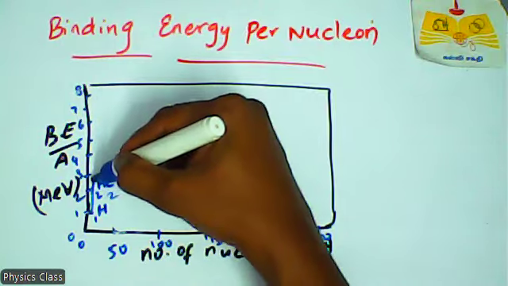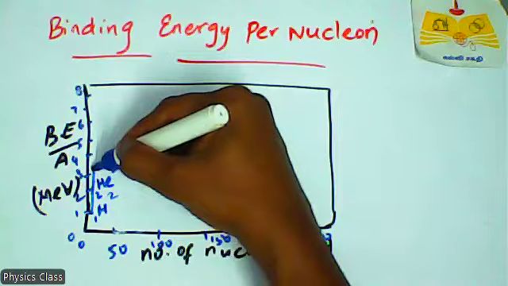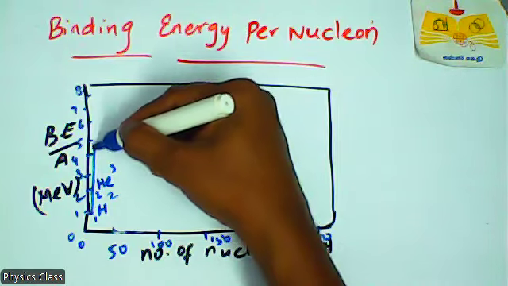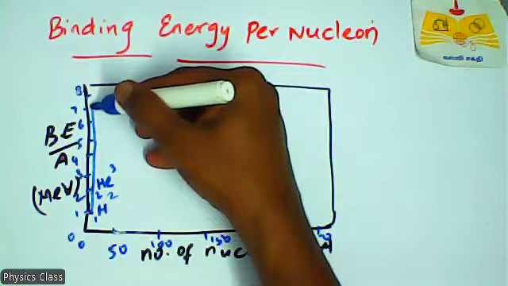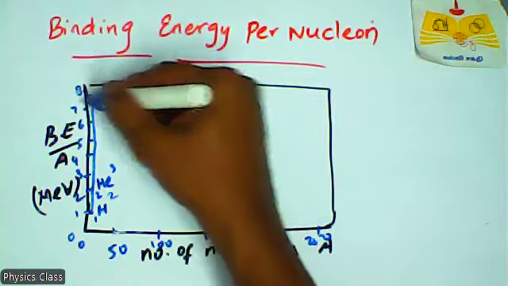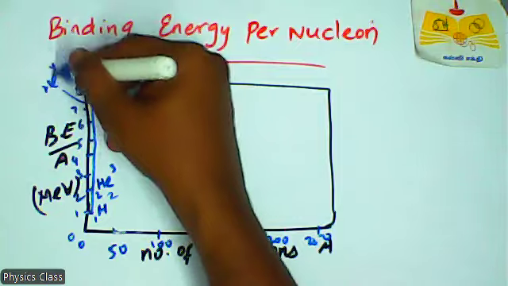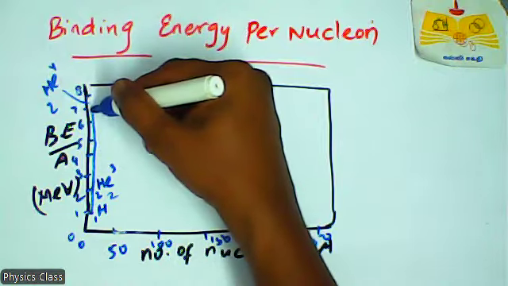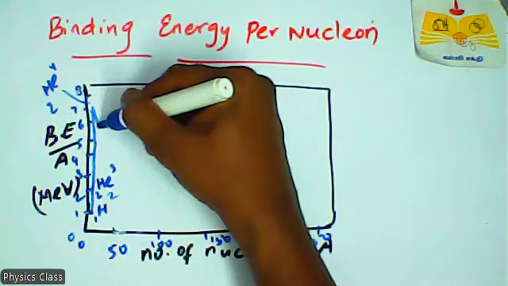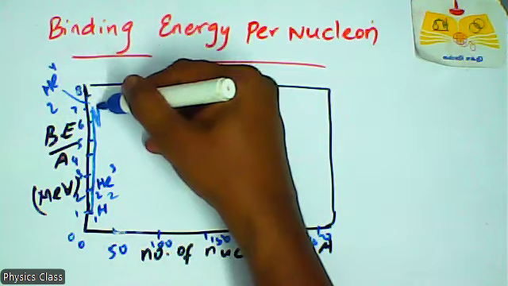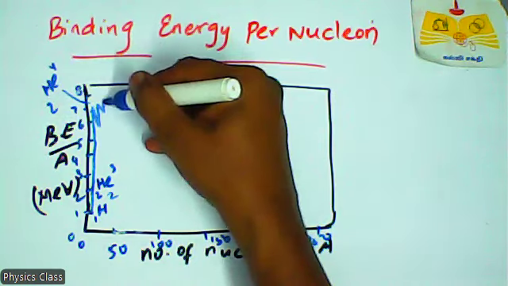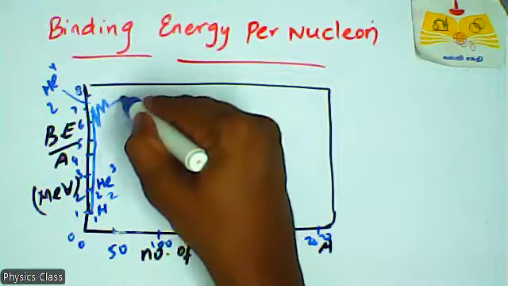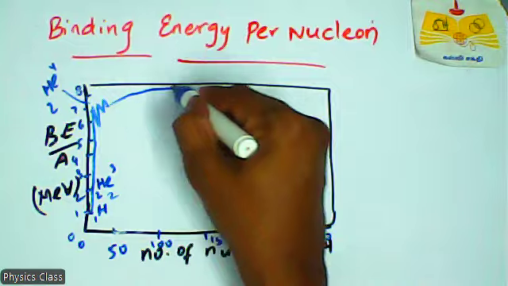This is a rough graph. Then here helium-4, 2. Then it goes down and increases, goes down and increases. So the graph goes like that.